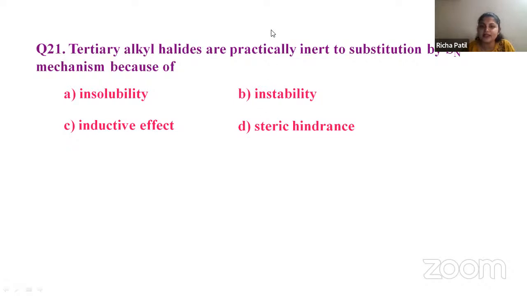We had discussed this. Tertiary alkyl halides are not that stable as compared to primary in SN2. How is the reactivity? Primary is more stable than secondary and then tertiary, right?